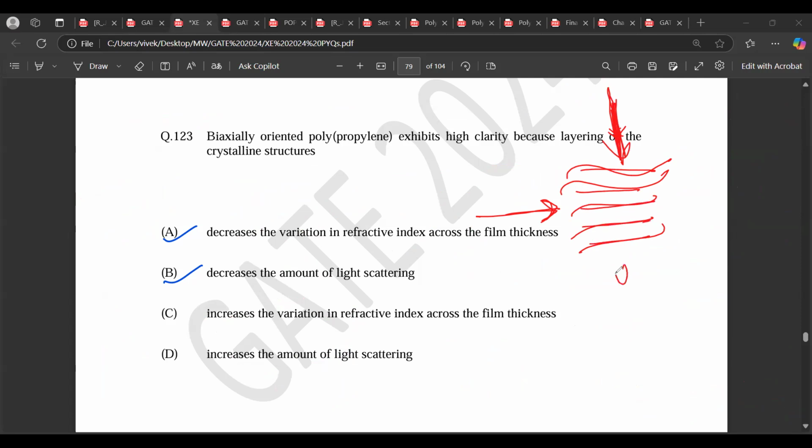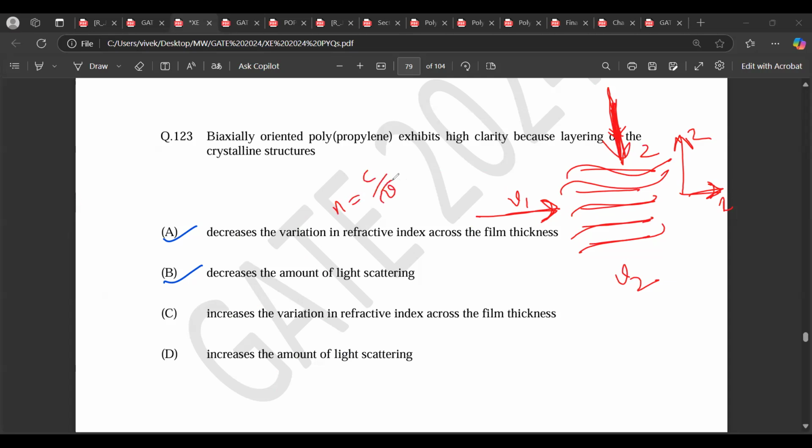So the speed of light is very low in this, let's say direction 2. Of course this is 1 and this is 2. 1 is in the direction of the chain and 2 is in the transverse direction. And here you have a light with velocity v1 which will be higher. So what is n? n is c by v.